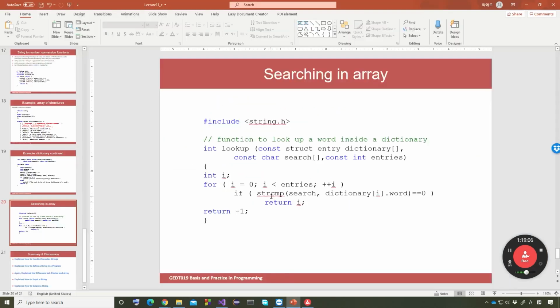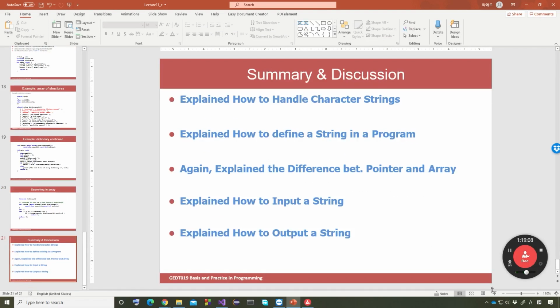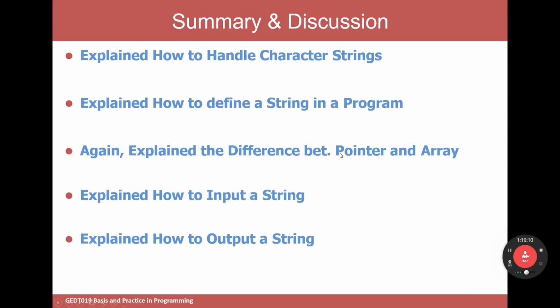And by doing that, we reach the end of today's class. In today's class, we learned how to define a string using pointer notation. And also we showed how we can define an array of strings using pointer notation.